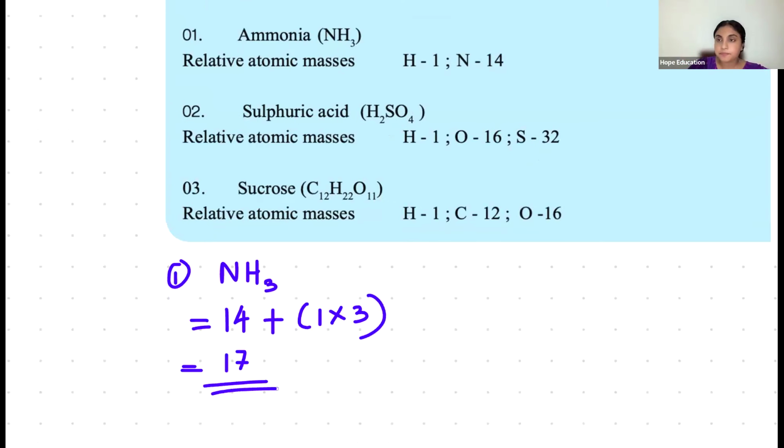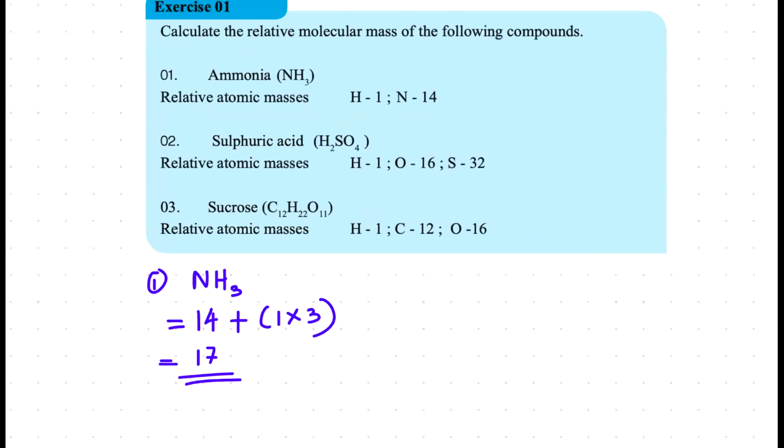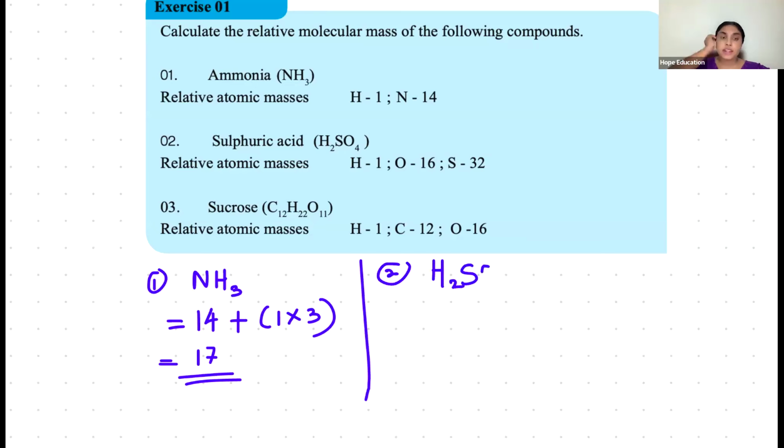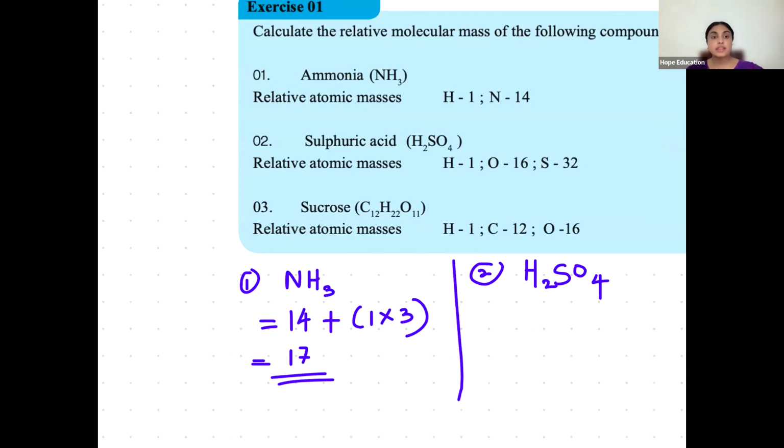Did you all get this answer? Yes, teacher. All right, great. Then number 2, sulfuric acid. Sulfuric acid is H2SO4. Now again, they have given the relative atomic masses. What is the relative atomic mass of hydrogen? That is 1. And how many hydrogen atoms are there in this molecule? There are 2 hydrogen atoms.